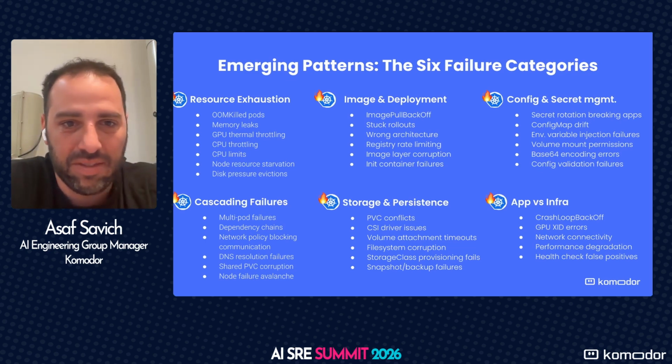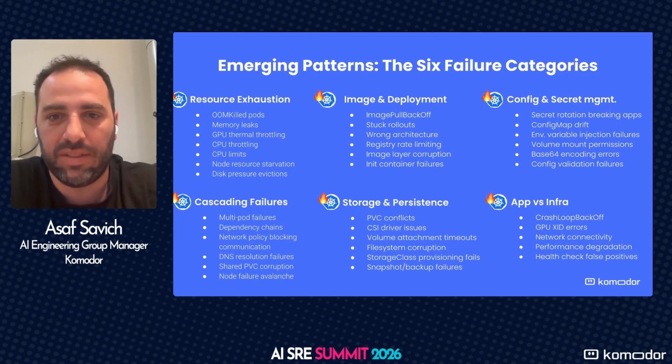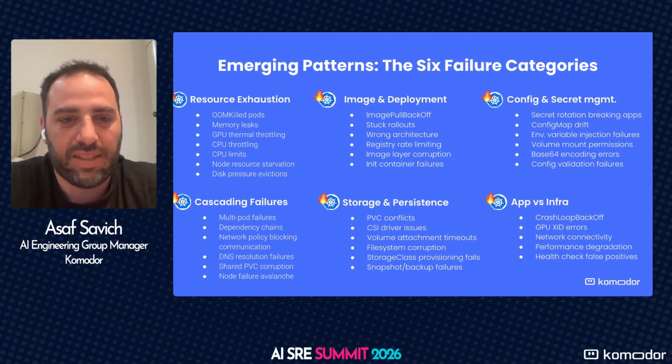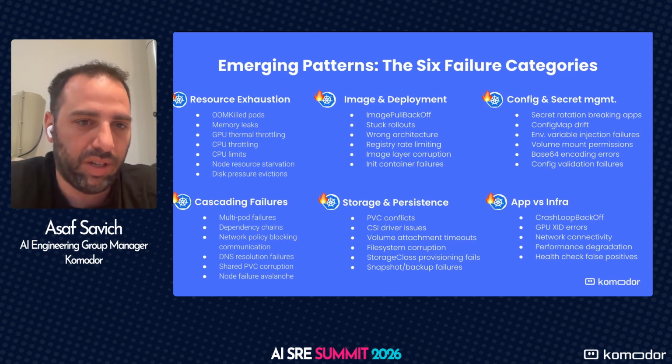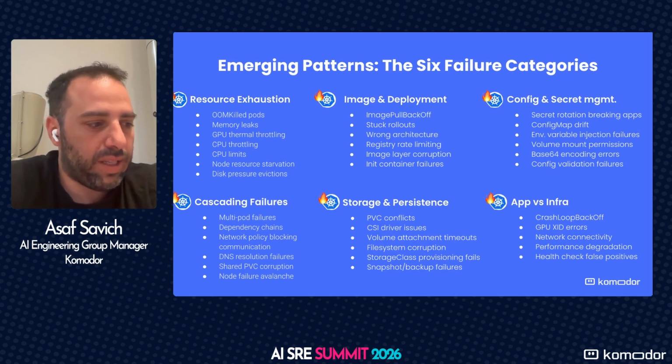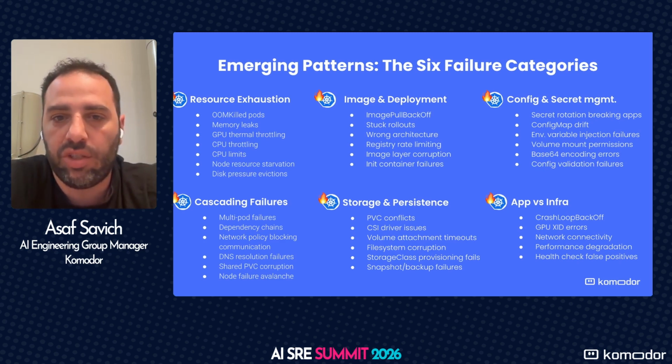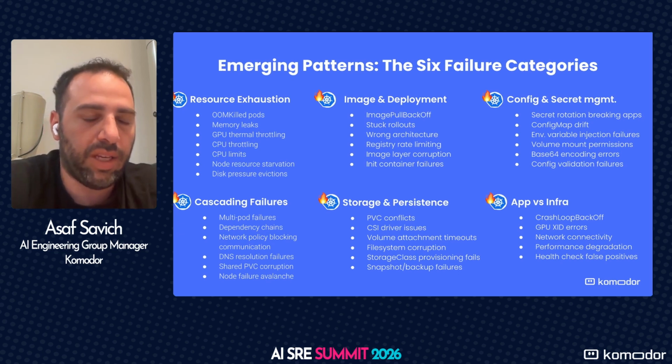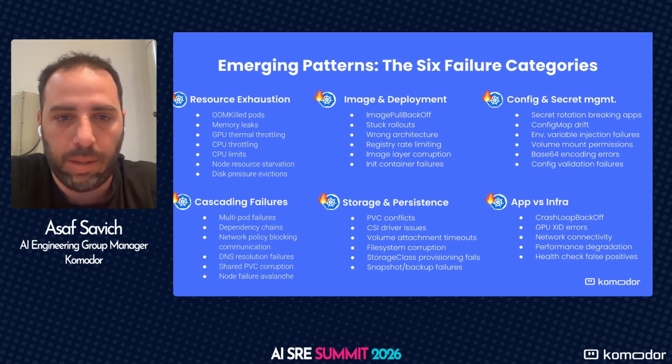The buckets are resource exhaustion, image and deployment, config and secret management, cascading failure, storage and persistence, and app versus infra. So these categories are like headlines, but each bucket had within it sub items or subcategories.